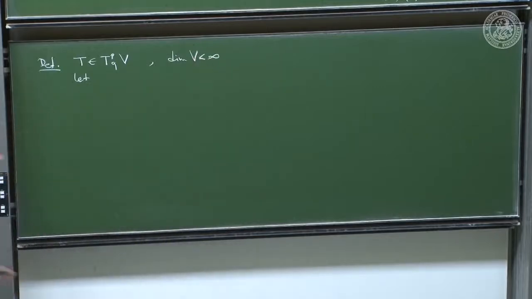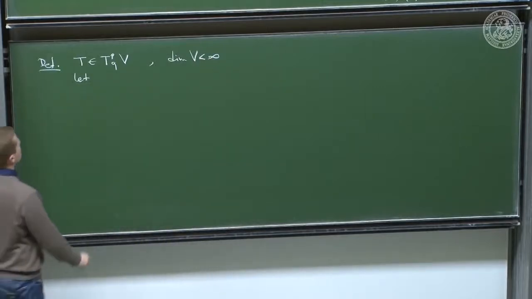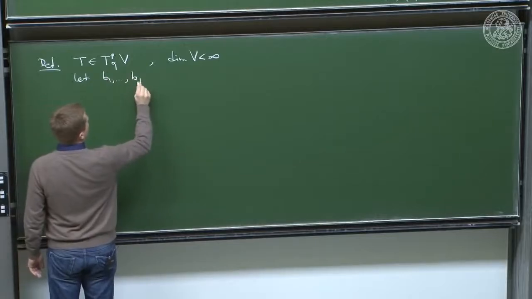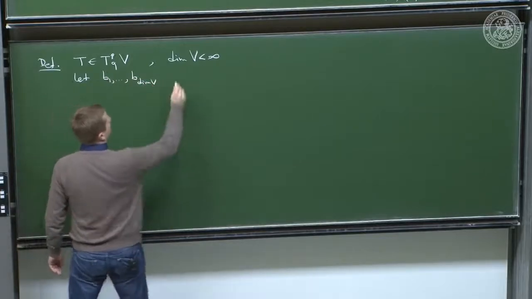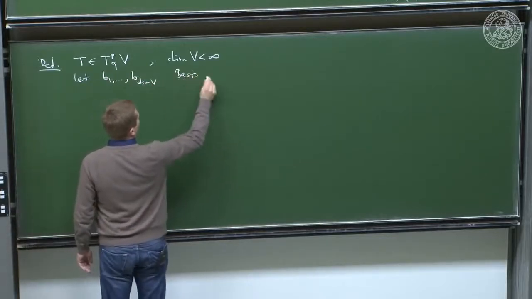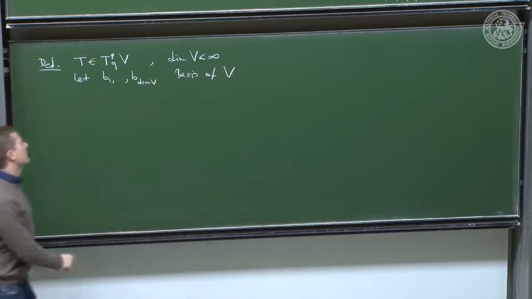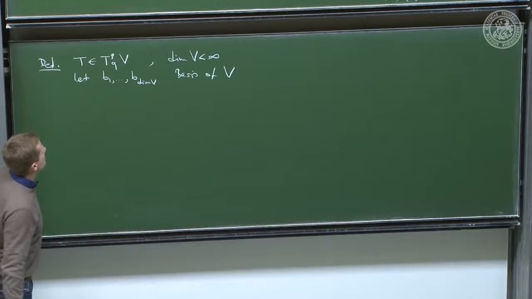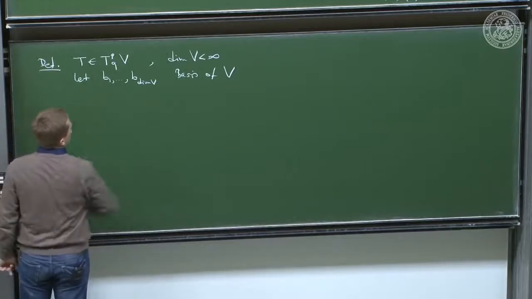So from now on, let's only talk about finite dimensional vector spaces. So now let b_1 to b_dim V be a basis of V. So you choose a basis of the vector space. It turns out that induces a basis on the tensor space.